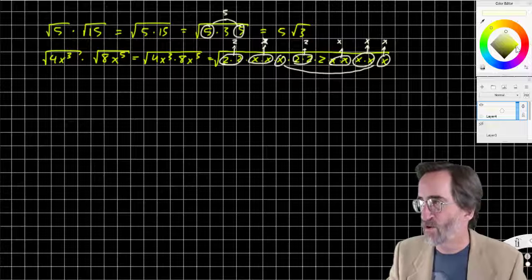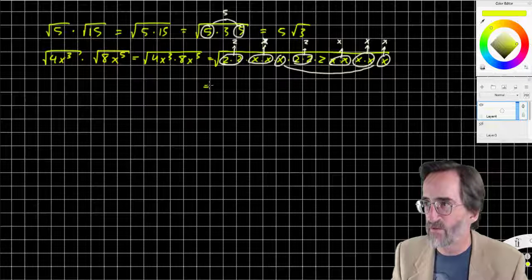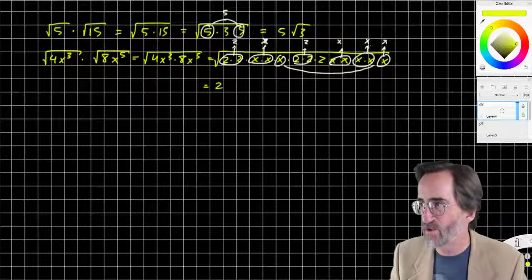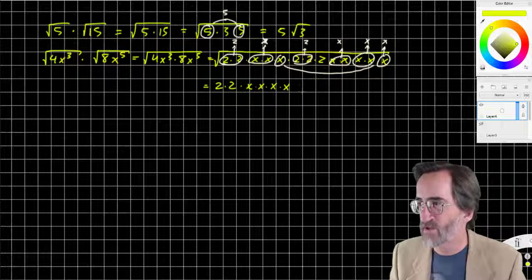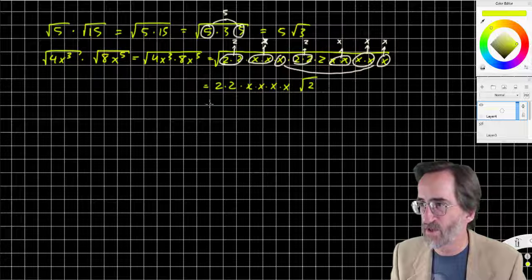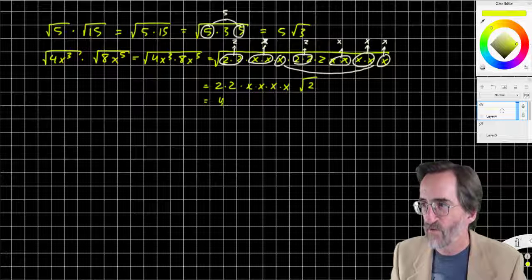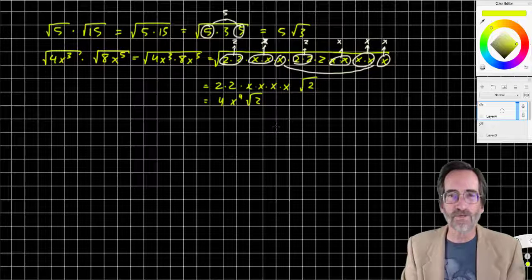Okay, so everything that comes out is 2 times 2, and 4 x's. And what's left inside is a single 2, so we can simplify that to 4x to the 4th root 2. Okay, so that's multiplication.